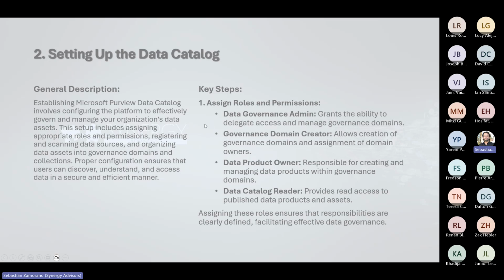To start working on this, the first thing is to understand that we have different kinds of permissions. Here we can see that we have a data governance admin, a governance domain creator, data product owner, and data catalog reader.